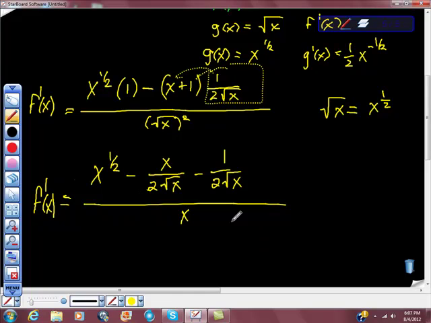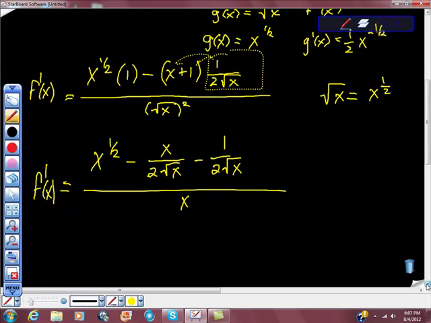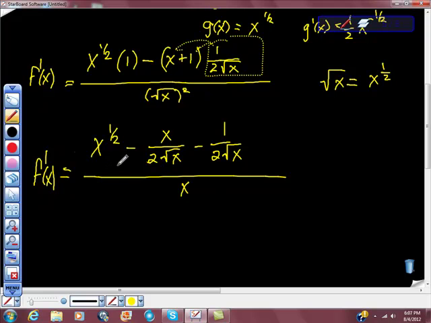I think I'm going to... No, I'm not. I know what I'm going to do here. I'm going to multiply just this piece right here by 2 square roots of x over 2 square roots of x. It's just 1, isn't it? I'm just multiplying by 1.